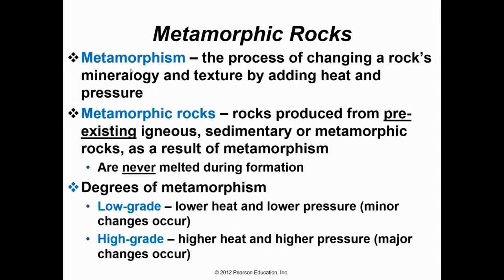So having just said that they never melt, let's talk about the heat and the pressure. There are degrees of heat and pressure that can emanate from an environment in an area where metamorphic rocks are forming. We can have low grade and high grade metamorphism. Low grade is basically where you have lower heat, lower pressure.